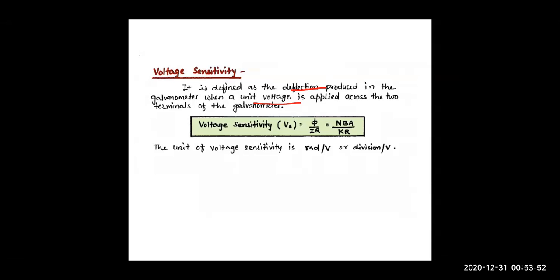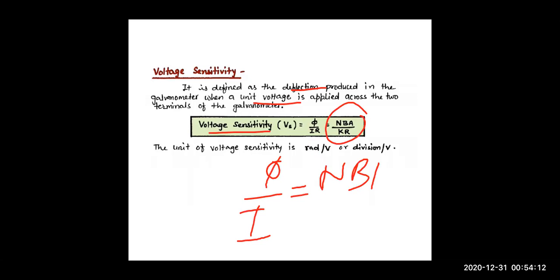Deflection is phi, and voltage is IR according to Ohm's law. So voltage sensitivity is represented by VS: V for voltage, S for sensitivity, equals phi upon IR, which equals NBA upon K, because phi upon I equals NBA upon K. But here you have R, so we put an R over here as well.